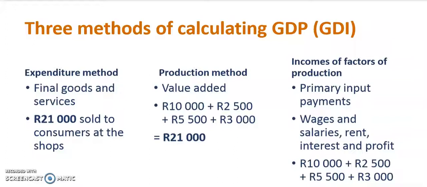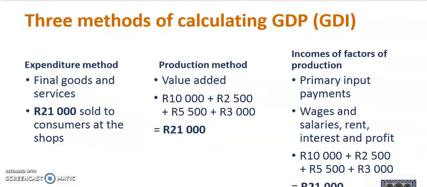In accordance with the production method, you take the value added at each production stage. So in our example, it was the 10,000 plus the 2,500 rands plus the 5,500 rands plus the 3,000 rands, which was also equivalent to 21,000.